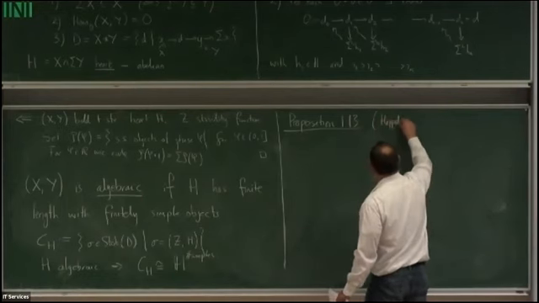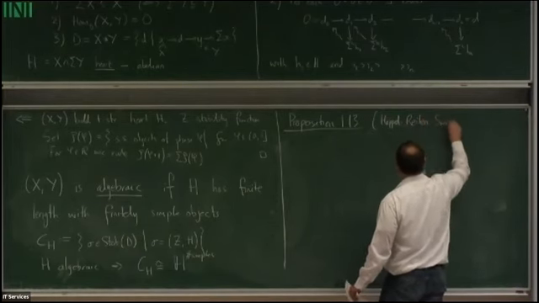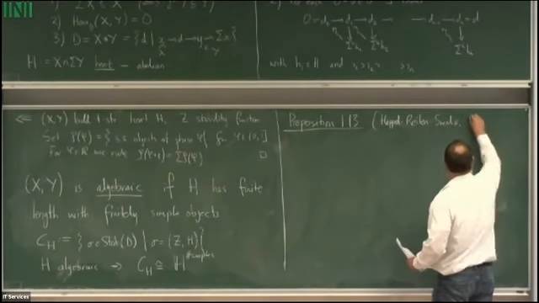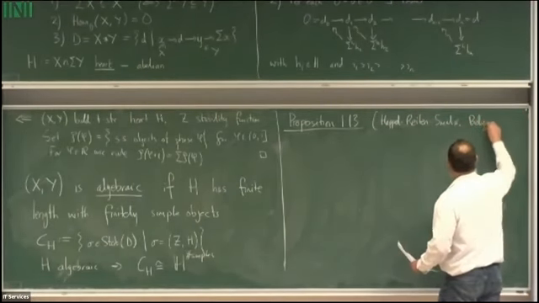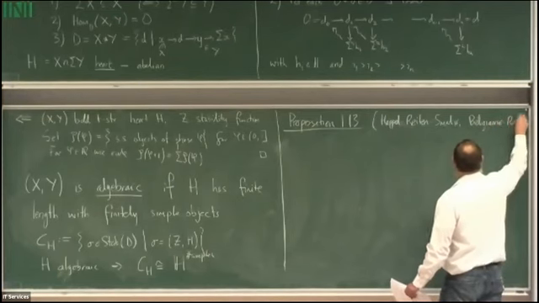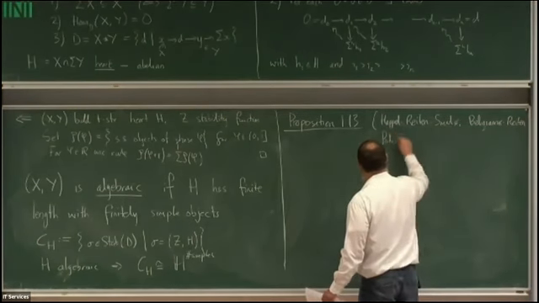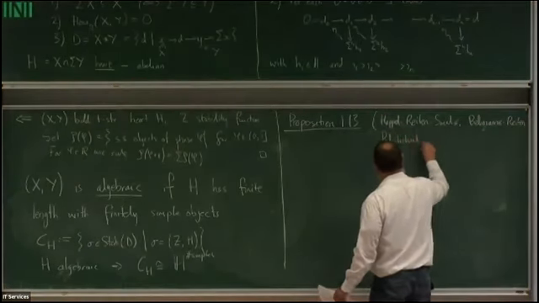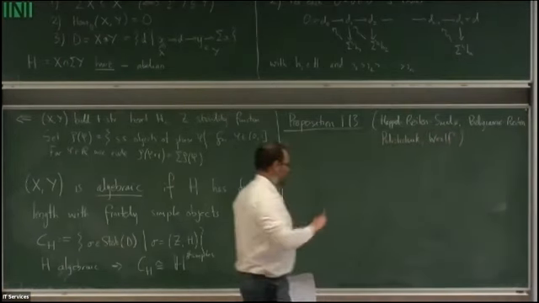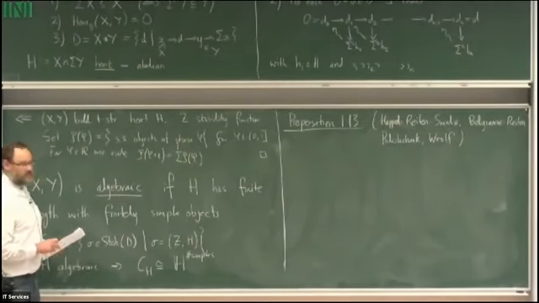I'm just going to credit it to Happel, Reiten, Smalø, probably Keller, Vossieck, Woolf. The first idea goes back to Happel, Reiten and Smalø, and other people have come along and refined it, and I probably missed someone off the list.